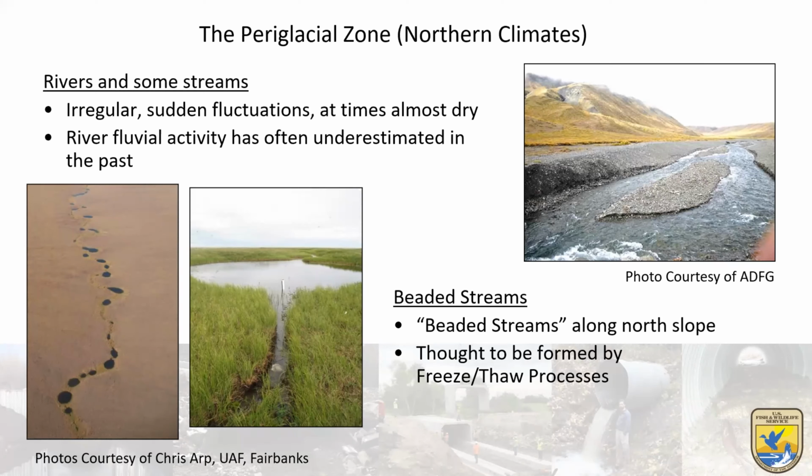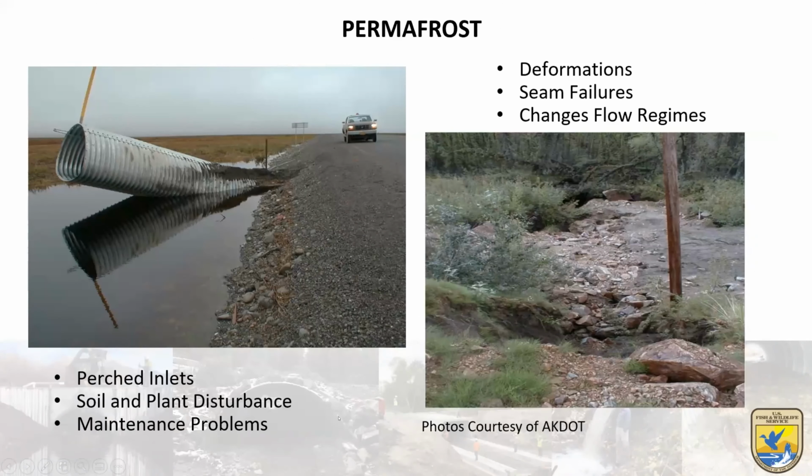Between the lake systems are these really narrow channels that are only a few feet wide and 3 or 4 times that in depth. And how do you cross these things in a permafrost environment without starting to cause permafrost degradation? It's a real question.